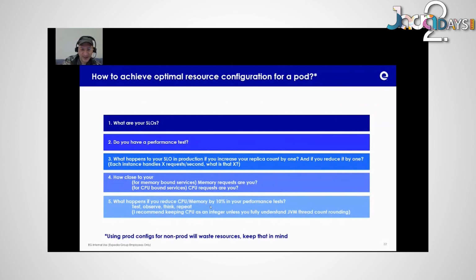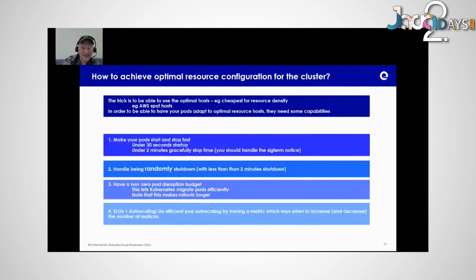And similarly, for resource configuration in the cluster, do a similar thing, but aim to do a quick startup, because there are some types of hosts that you can allocate that have... but it means that you can scale nicely.